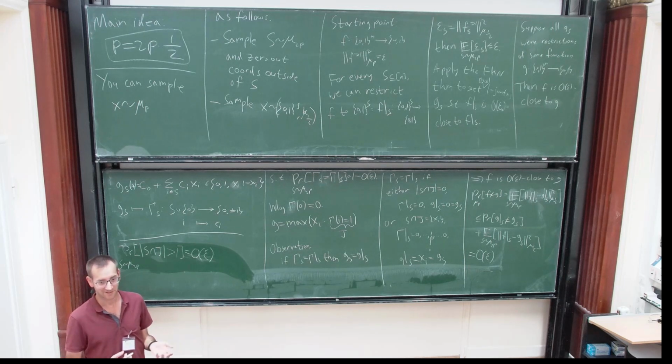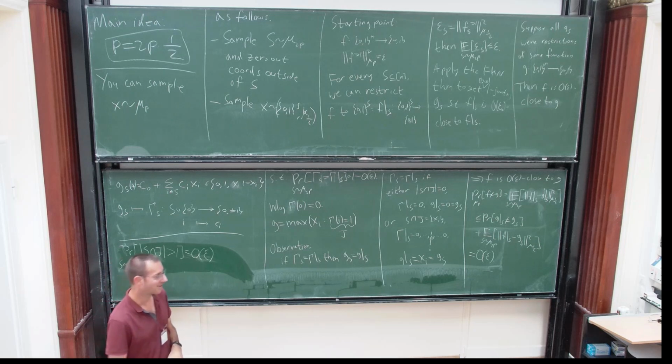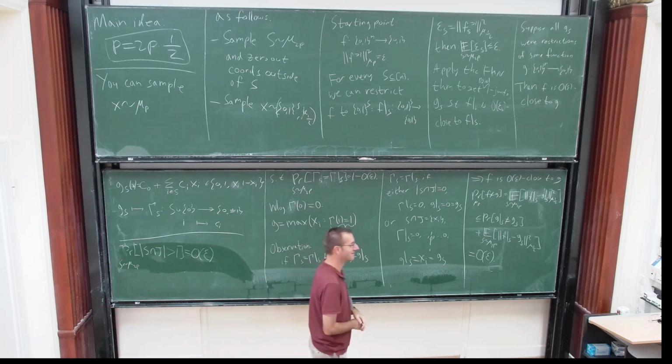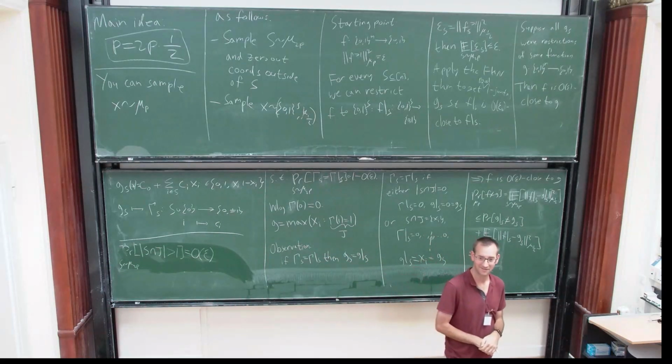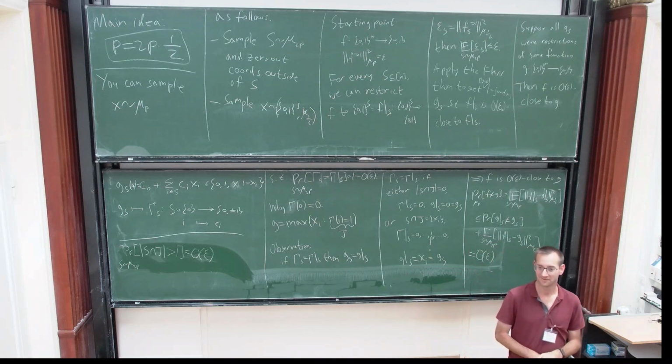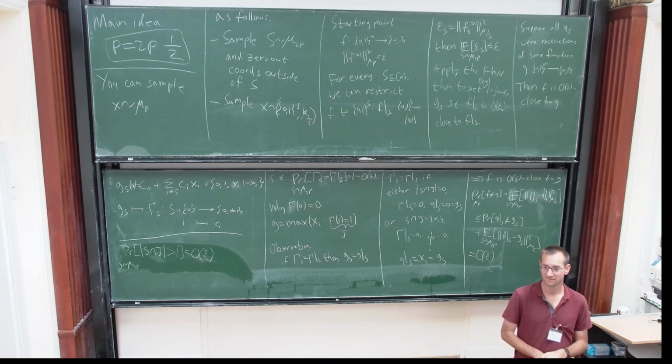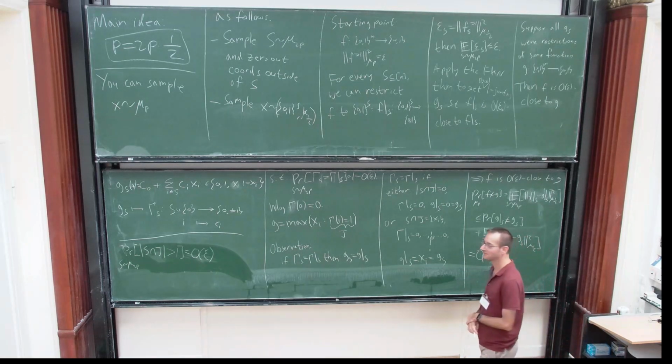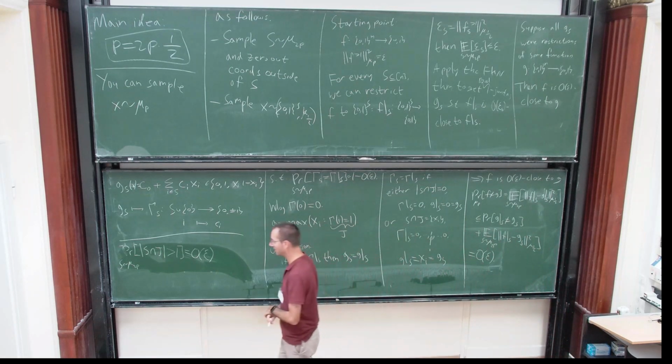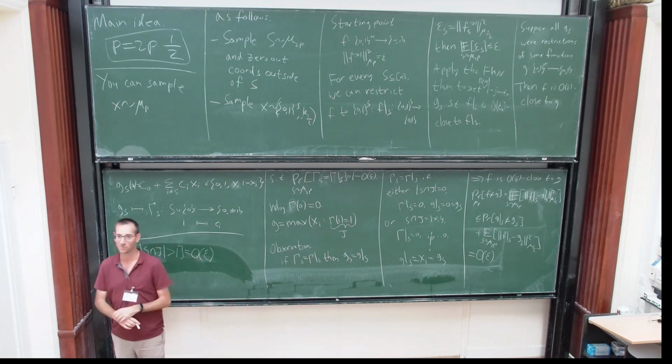It's a very simple observation. Just if J is big, then the expectation, you need a little more than the expectation. You need to do something, but that's elementary, and I'm not going to prove it.